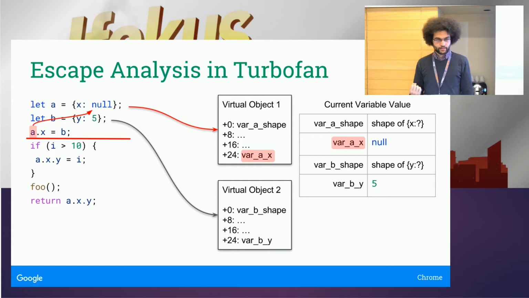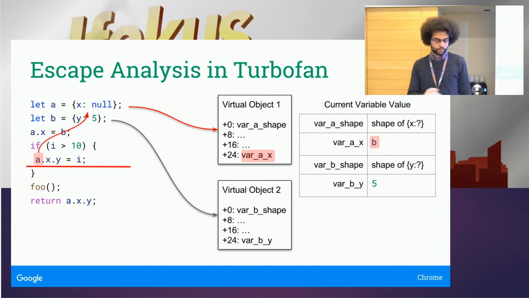If we see an assignment, a store to an offset, then we can look up: A is the first virtual object, offset 24 is described by a variable AX, and the current value is null, and we replace it with B. So stores are simple, you just have to update the current variable.